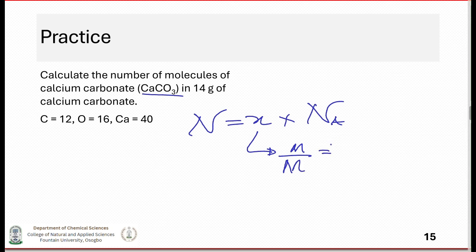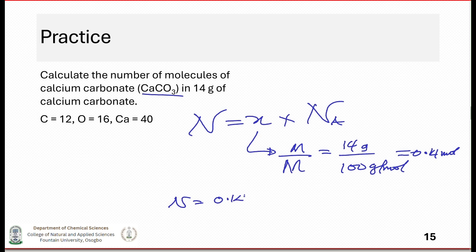The mass is 14 grams, and the molar mass of calcium carbonate is 100, so 14 grams over 100 grams per mole. This gives us 0.14 mole. So N will now equal 0.14 times 6.022 times 10 to the power of 23.